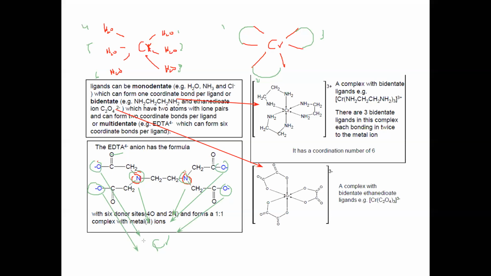So the more dative bonds a ligand can form, the fewer ligands are attached to a central atom or the complex ion. Is the idea clear? Any doubt in this?